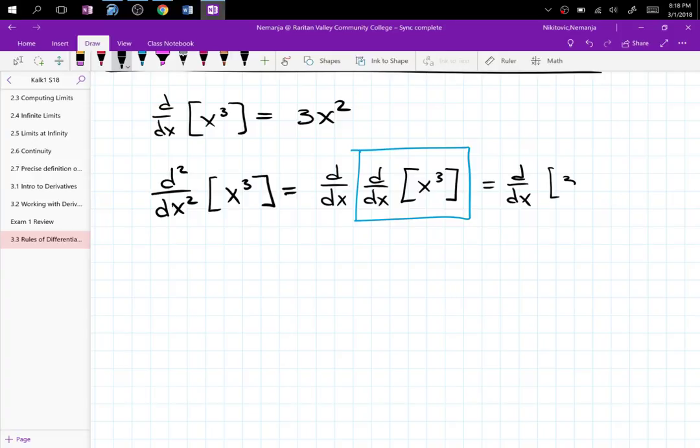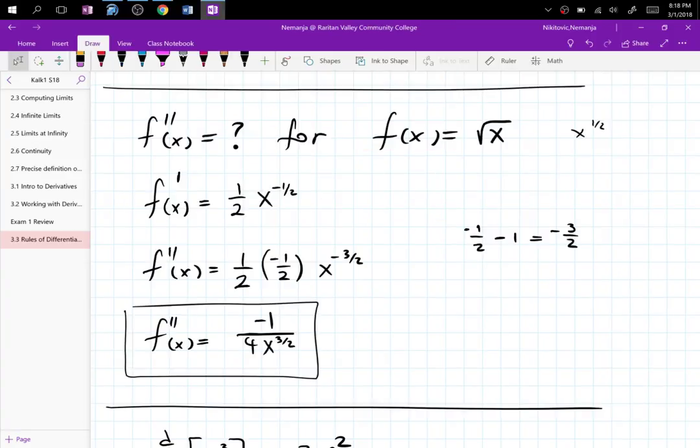And now, clearly, there is another instruction to take one more derivative, which will be 6x. So you can see that you can still do this in line rather than writing 3 separate lines. Over here we have a line for the function, a line for the first derivative, a line for the second derivative. So that's 3 lines to get to the answer.